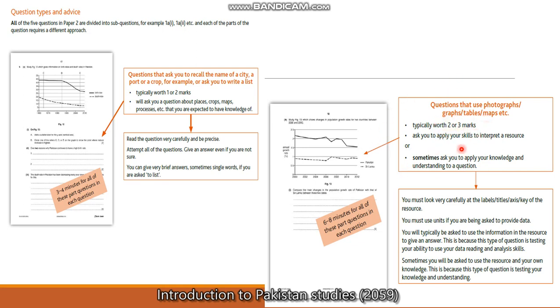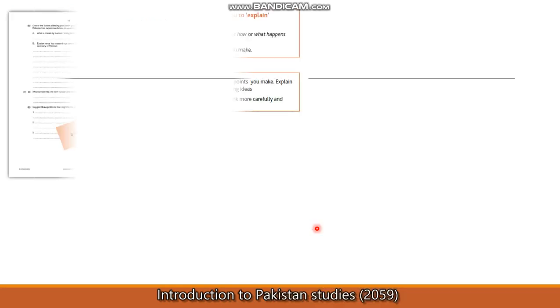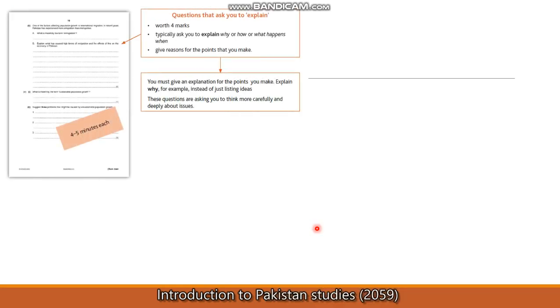Such type of question can be included in your paper, and that question carries 2 to 3 marks. You have to attempt such questions in 6 to 8 minutes. You are not supposed to give more than 6 to 8 minutes.